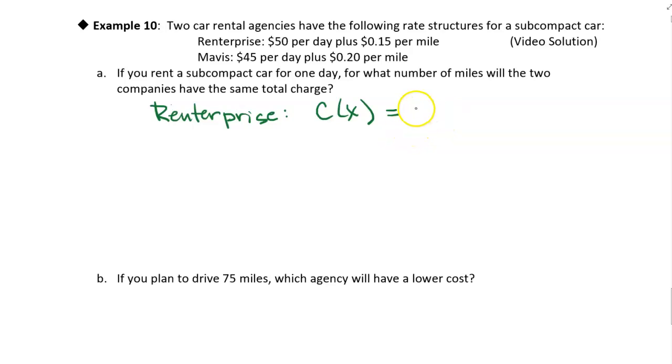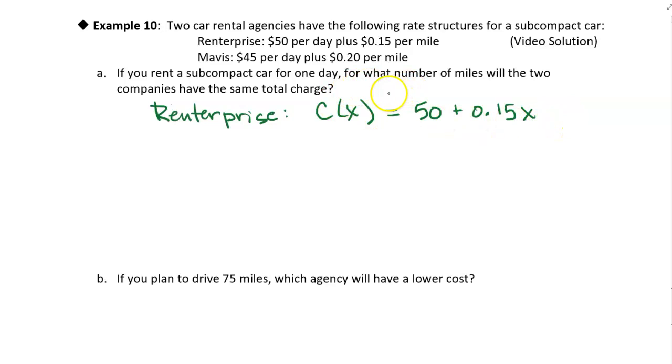So you're going to be charged $50 no matter what, whether you drive 0 miles or 1 mile or 100 miles. And then on top of that, you're going to be charged 15 cents a mile, which I'm going to write in dollars, since my 50 was in dollars, times the number of miles.